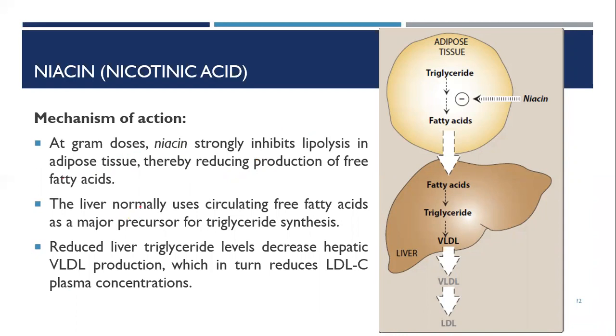The liver normally uses circulating free fatty acids as a major precursor for triglyceride synthesis. So as there are reduced liver triglyceride levels, it decreases hepatic VLDL production, which in turn reduces LDL-C plasma concentrations. Okay, so it is like an indirect action.